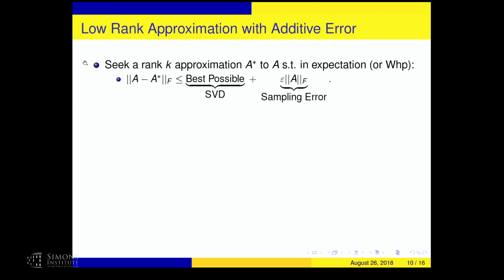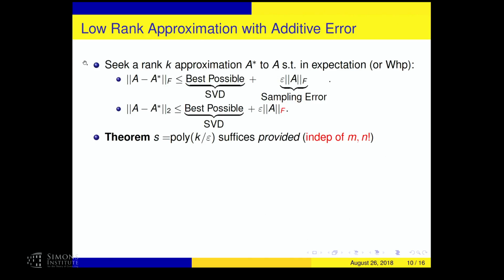A star wants to be an approximation to A, right? And the error is first measured in Frobenius norm. We want that to be the best possible error we can make, the lowest error we can make with any rank k matrix, plus a sampling error. And the sampling error depends on the Frobenius norm. Okay. So this is one thing we seek, and we can seek the same thing for spectral norm as well.